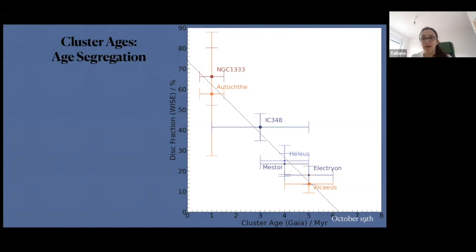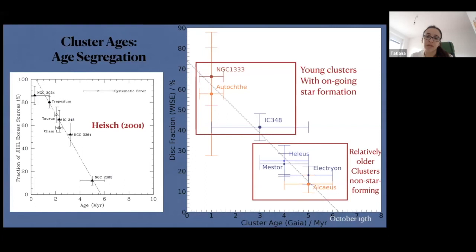And then we have separately Helios, Mestor, Electron, and Alkaeus with the lowest disk fractions, which do not differ a lot. So what we see nicely here is, again, this segregation between the 3 star-forming clusters and the relatively older clusters, which are non-star forming.